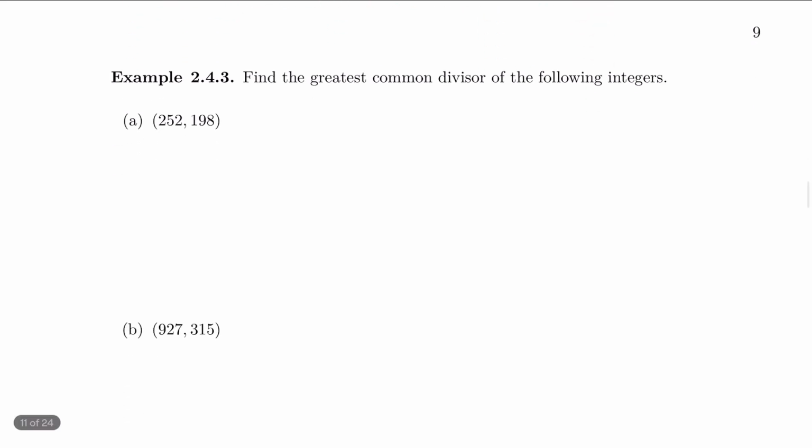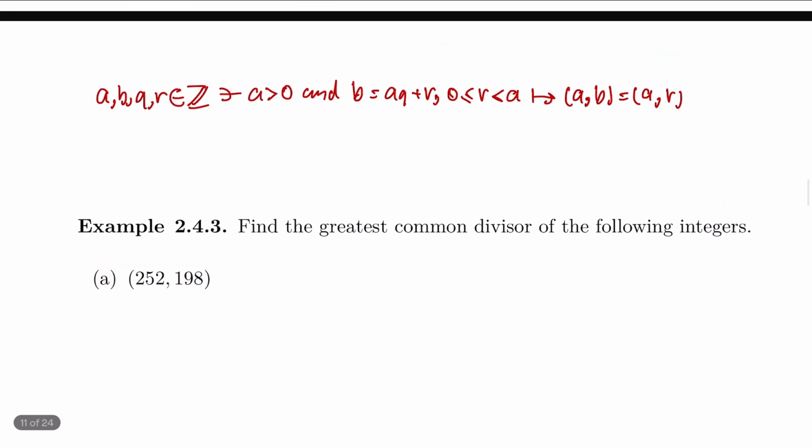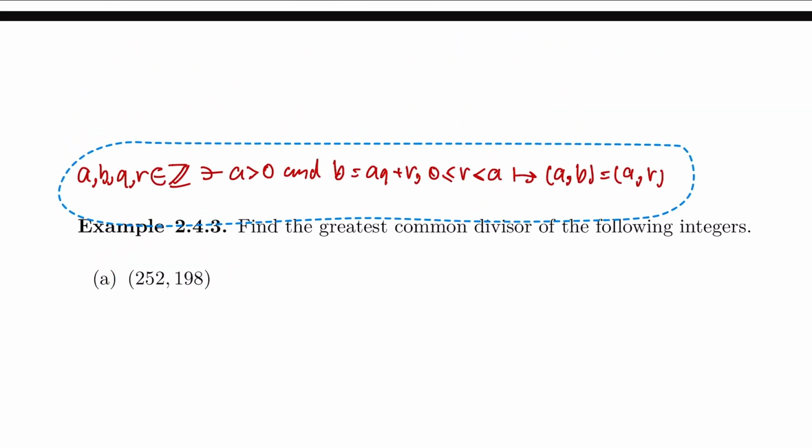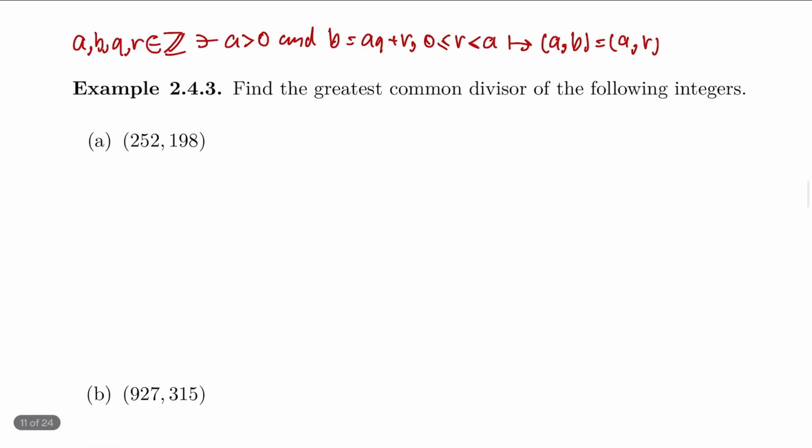So we start with the greatest common divisor of 252 and 198. Let's divide this number by 198. So we're going to have 252 equals 198 times 1 plus 54.